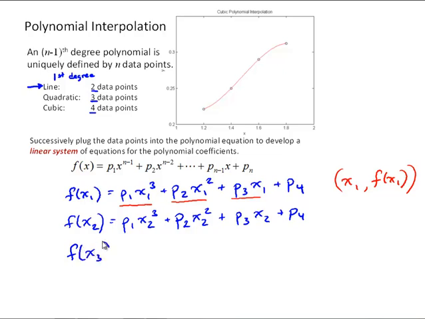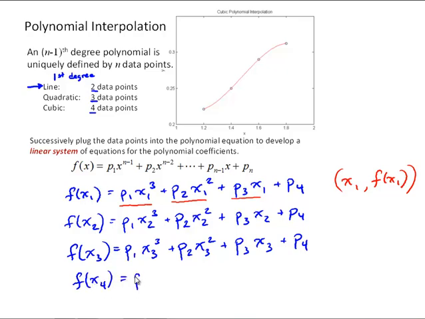Similarly, f of x3 is going to be p1 x3 cubed plus p2 x3 squared plus p3 x3 plus p4, and f of x4 is equal to p1 x4 cubed plus p2 x4 squared plus p3 x4 plus p4.